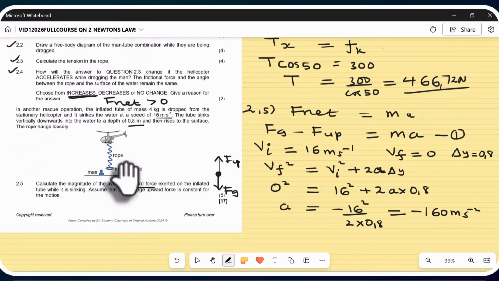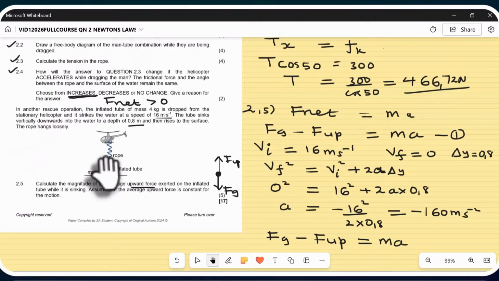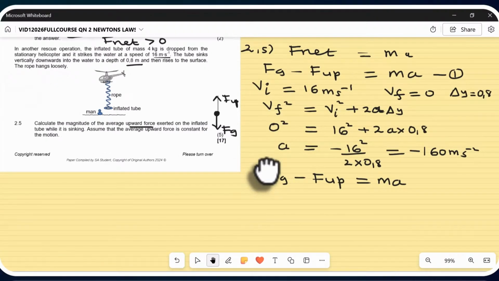We're looking for this upward force. The acceleration is negative 160, so 4 times 9.8 plus 4 times 160 should give us the upward force that we're looking for.